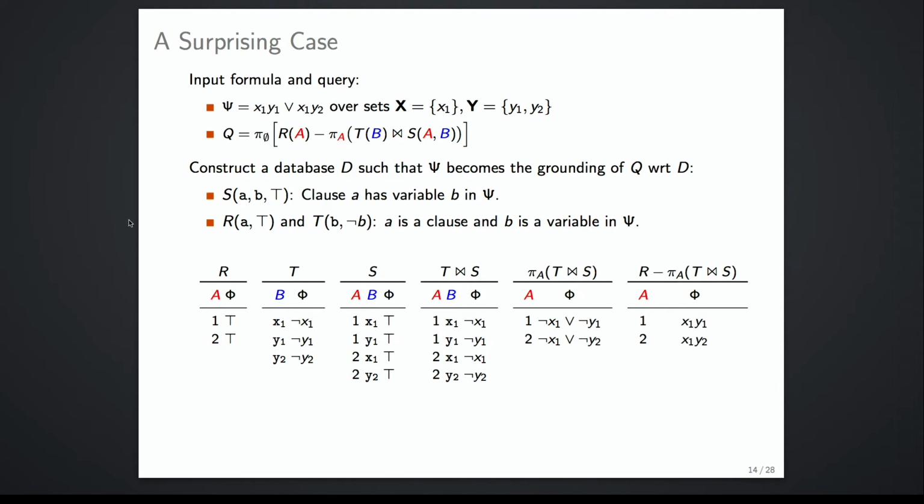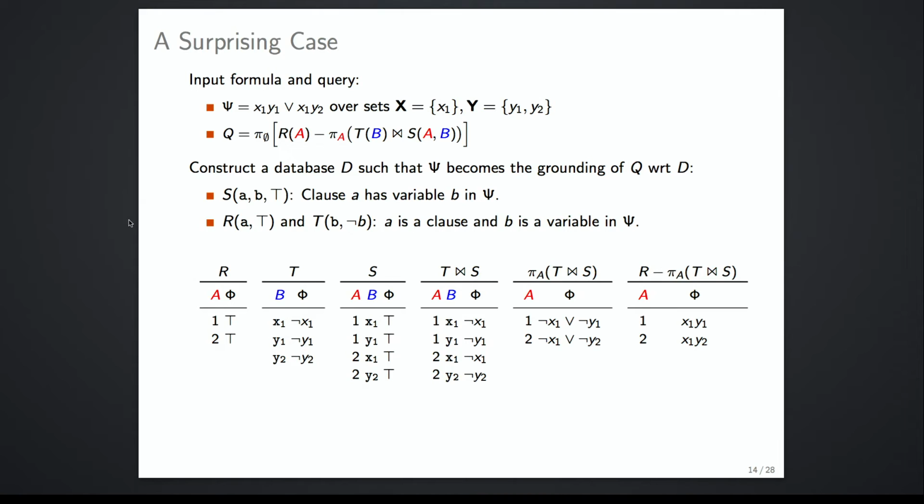And as, let's say, lineage or annotation, we use the negation of that variable. And in S, we essentially list which clauses have which variable. So we say that clause 1 has variable x1, clause 1 has variable y1, clause 2 has x1 and clause 2 has y2. And this is deterministic, only this one is probabilistic.